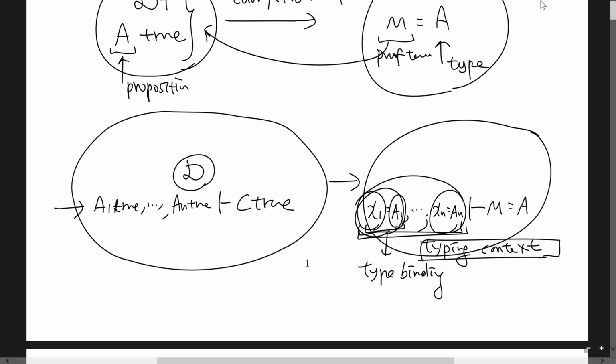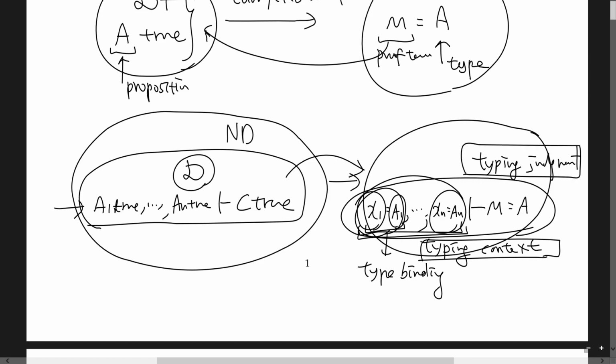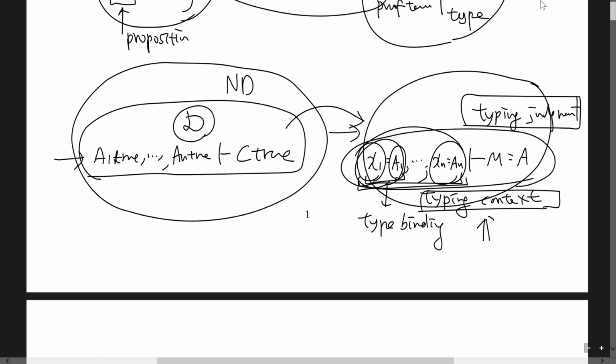So starting from this hypothetical judgment dealing with truth judgment, we apply Curry-Howard isomorphism, and you obtain another form of hypothetical judgment, which is called typing judgment. So essentially, you reformulate a natural reduction system using typing judgments, and the resulting system is called type system.